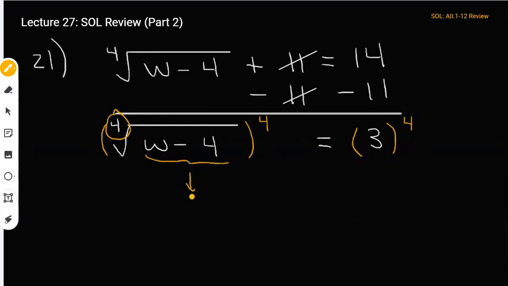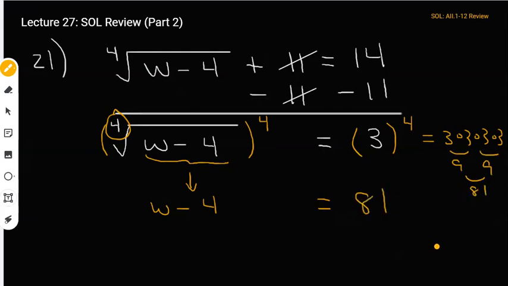So this is going to come down, whatever's on the inside, w minus 4. 3 to the fourth power, that's going to be 3, 3, 3, 3. This gives me 9, this gives me 9, and this gives me 81. So that's 3 to the fourth power, that's 81.